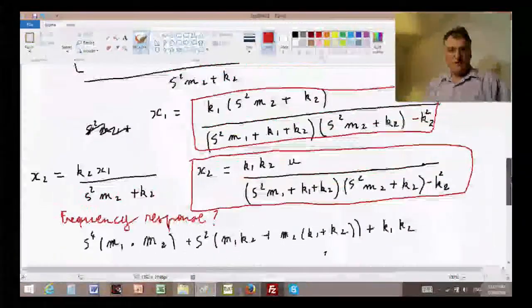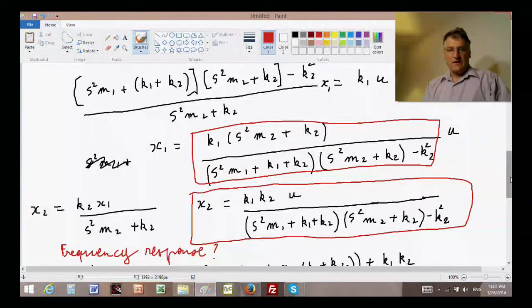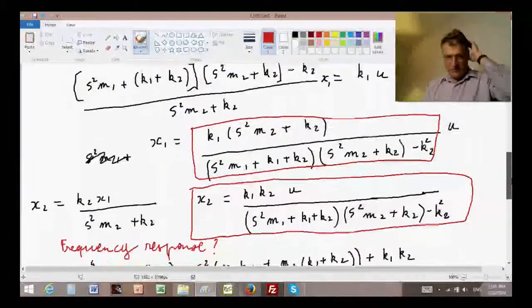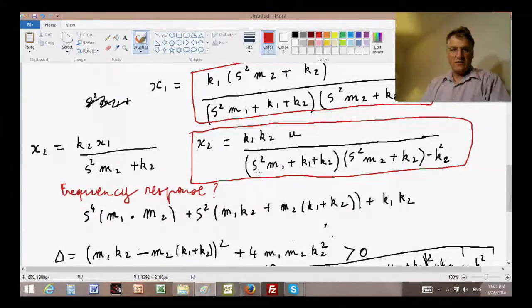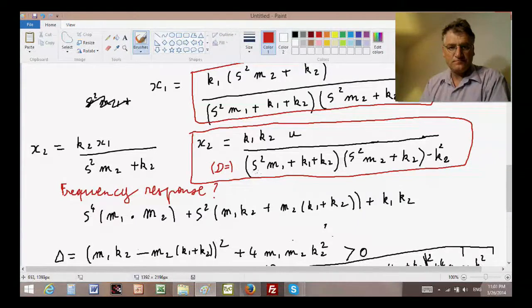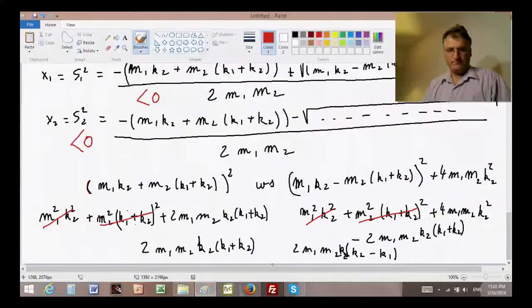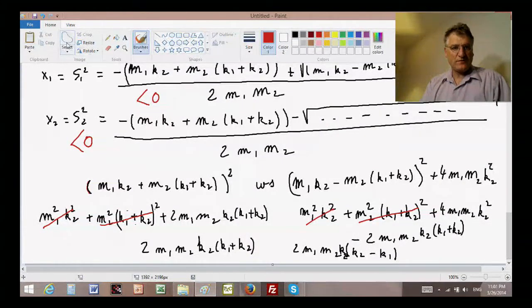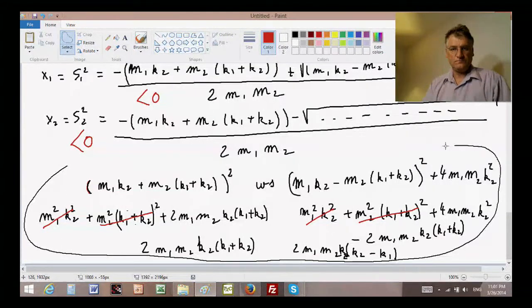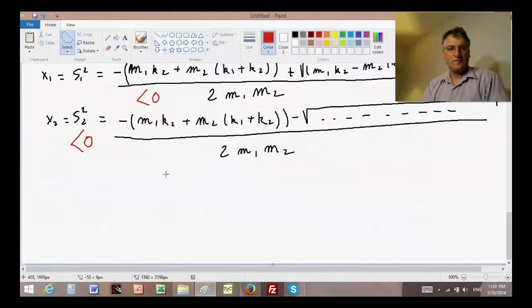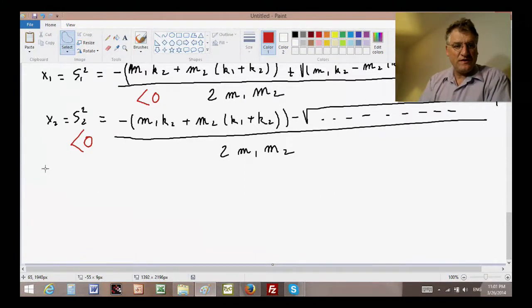Therefore, what we have is that the quantity in the denominator, which I call D, is equal to s squared minus x1 times s squared minus x2.